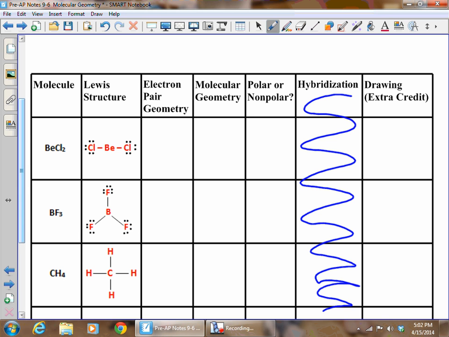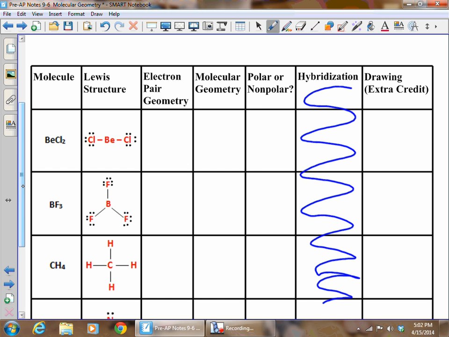So for the first one, all we're going to do whenever we figure out what kind of structure these have is to count the number of pairs of electrons around the central atom. Here's a pair of electrons, here's a pair of electrons. So there are 2 pairs of electrons around the central atom.